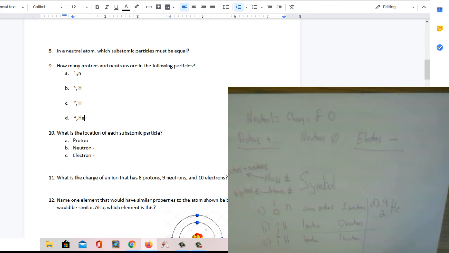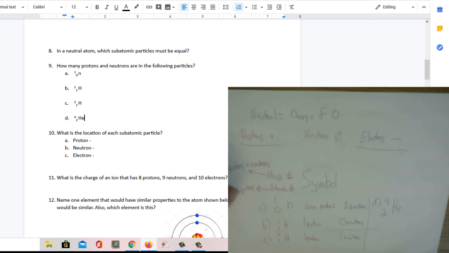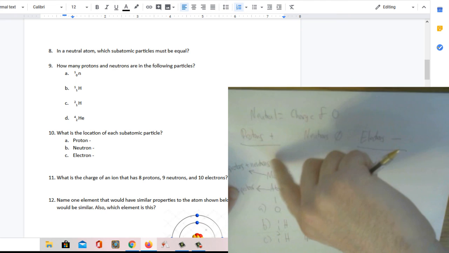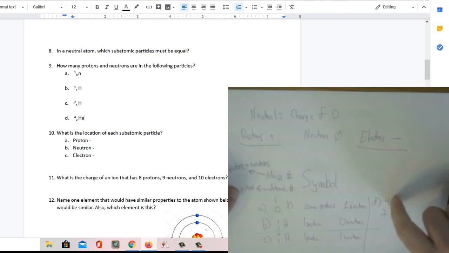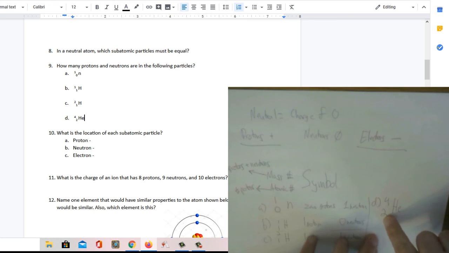And we have 2 protons. So if you have 2 protons, those 2 are the same. And neutrons has to be 2, because 2 plus a number has to give us the 4. And there are 2 protons because the atomic number is 2. So we have 2 protons and 2 neutrons.